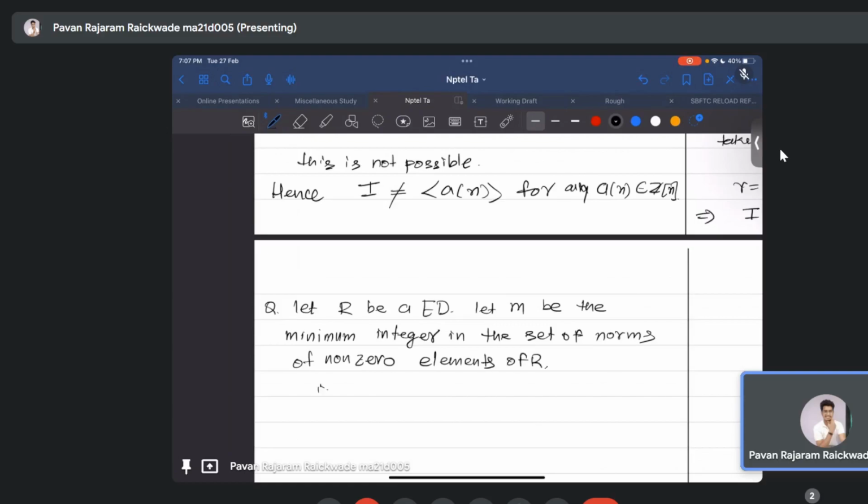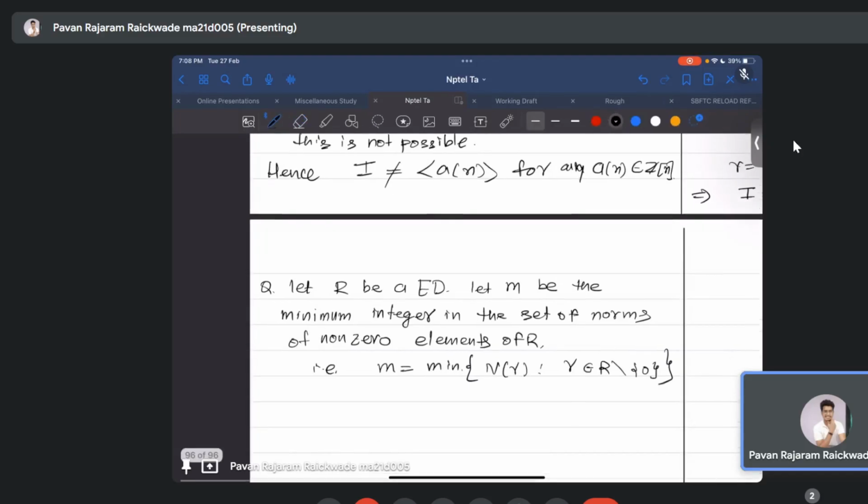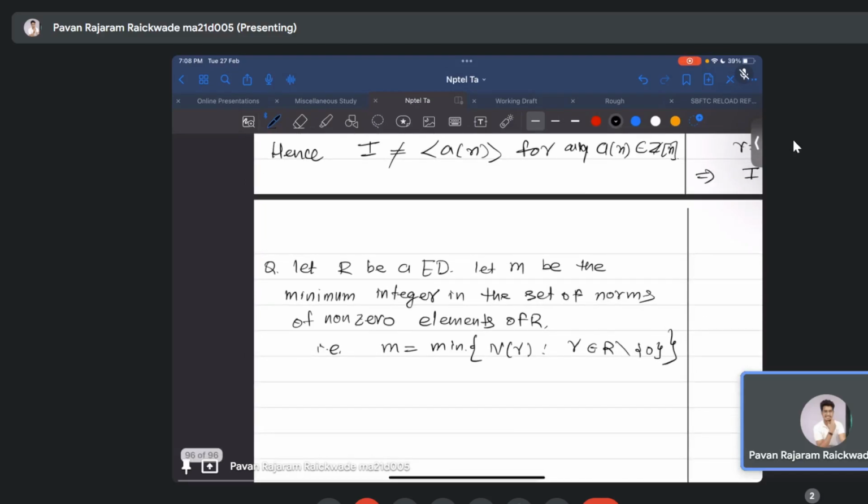That is, M is the minimum of N(a) for a in R minus 0. So you consider all non-zero elements and then consider their norms. It will have a minimum element because of the well-ordering principle of natural numbers, and you can call that element M.